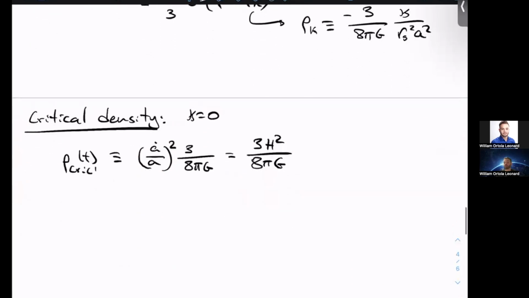And this now allows us to introduce a new parameter, which in cosmology is simply called omega. As you can see, not very good with names, but this omega is always defined as the ratio between the energy density and the critical energy density.